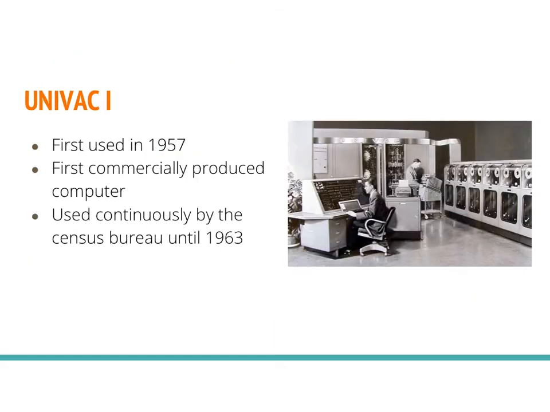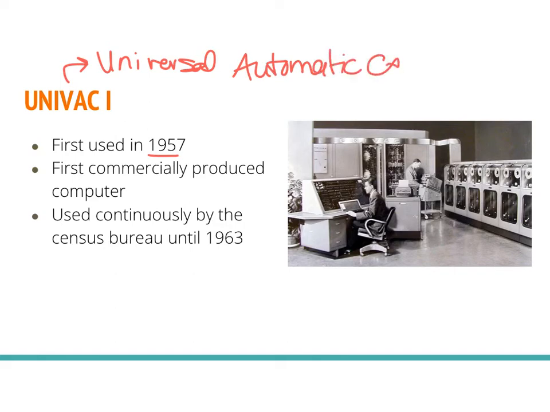Now, so far throughout our history, there are major computers that have been created, but none of these computers were actually commercially produced. And in 1957, we finally saw our first commercially produced computer called the UNIVAC 1. And this stood for Universal Automatic Computer 1.